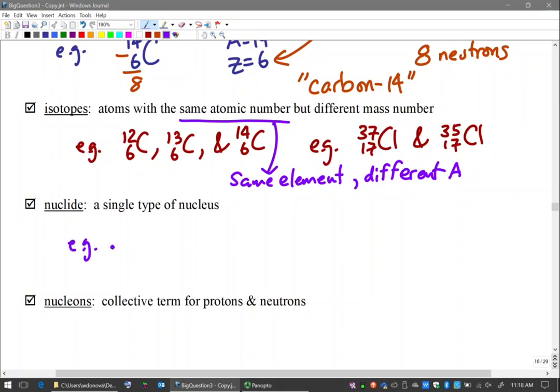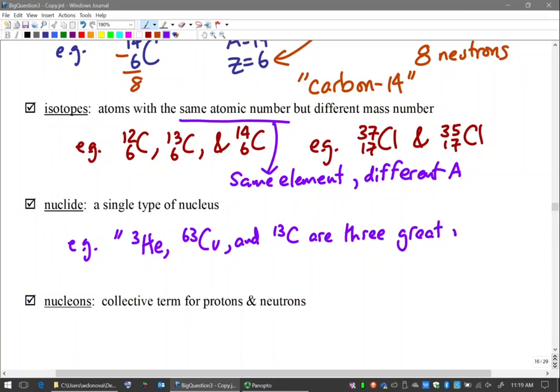So for example, we could say that helium-3, copper-63, and why not, carbon-13 are 3 great nuclides. They're not isotopes, but they are nuclides because they're of different elements.